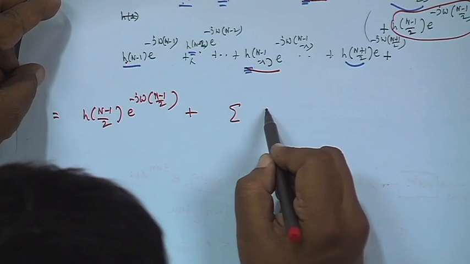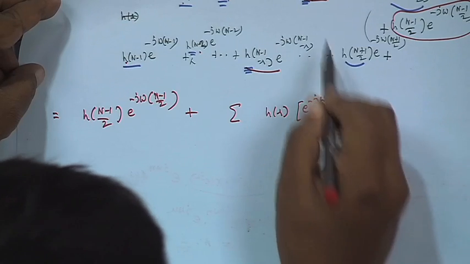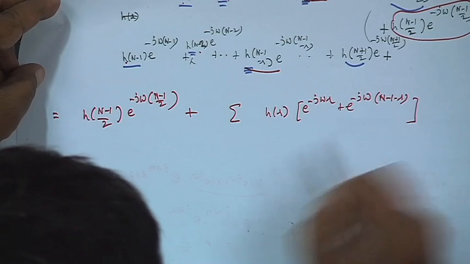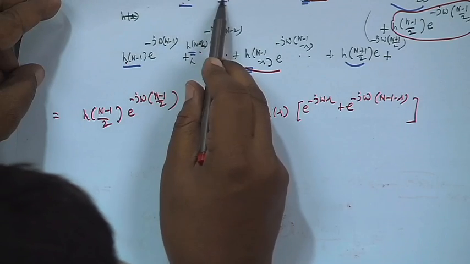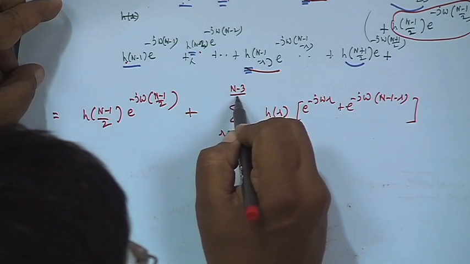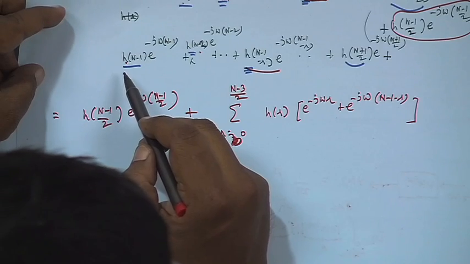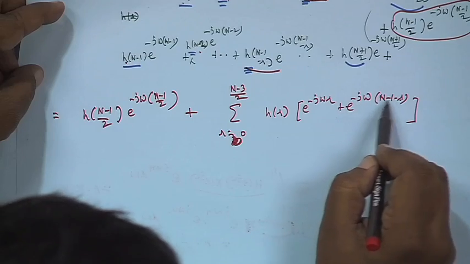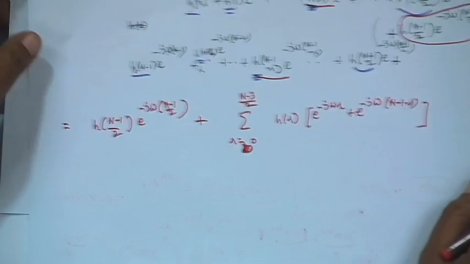So, the general term I consider is h_r, with e^{-jωr} here, and e^{-jω(n-1-r)}. Here r is 0 up to (n-3)/2. For r equal to 0, you have e^{j·0} which is 1, coming from here, and e^{-jω(n-1)} coming from here. Like that, the general case. This is the situation.